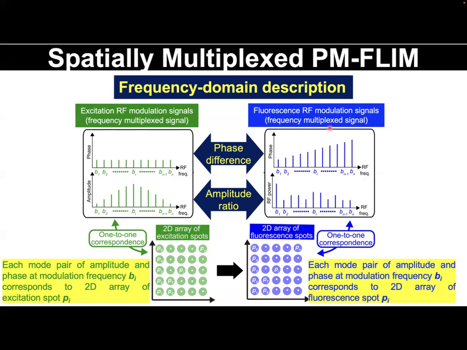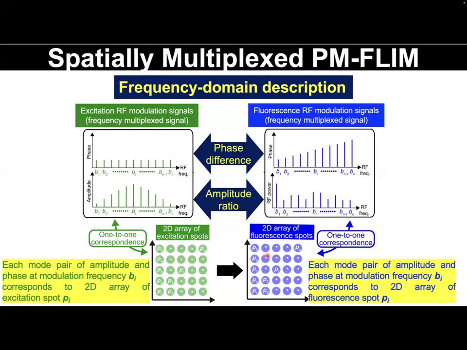Also, the right shows the RF spectra of the amplitude and phase for the 2D array of fluorescence spots, and each mode pair of amplitude and phase at the modulation frequency Bi corresponds to the 2D array of fluorescence spot Pi, having a one-to-one correspondence.